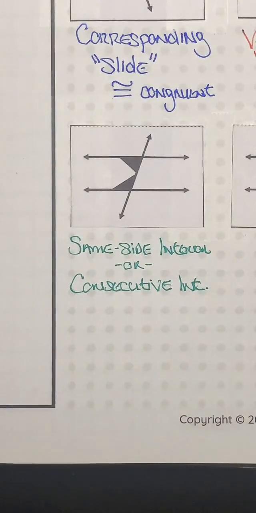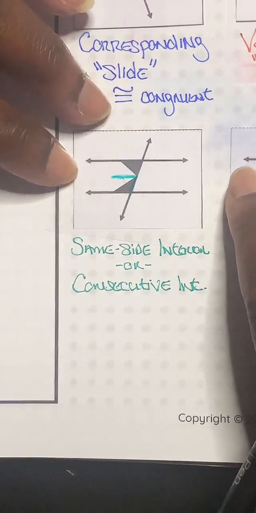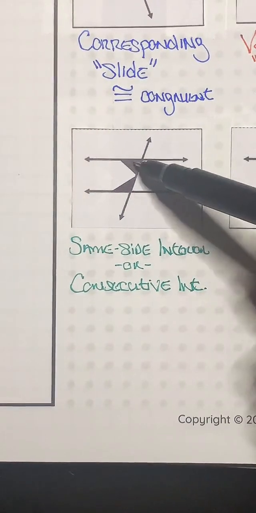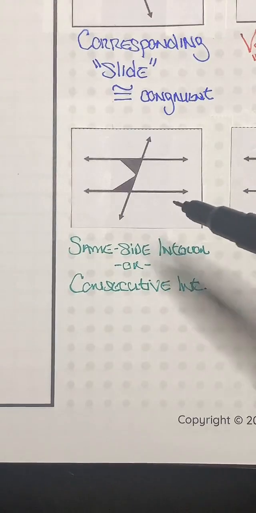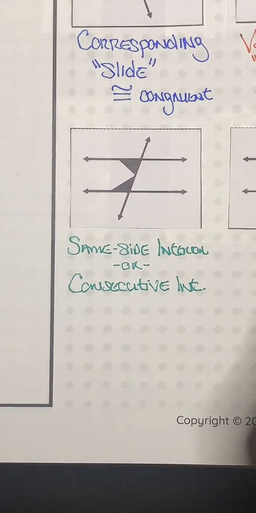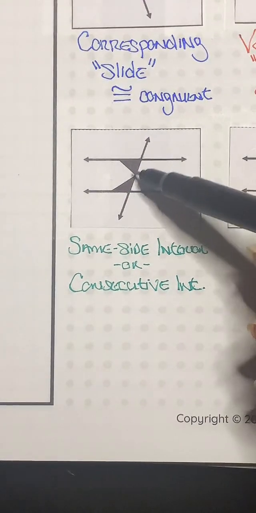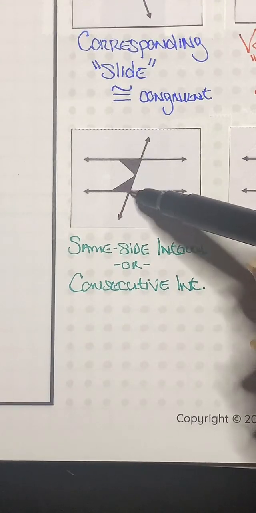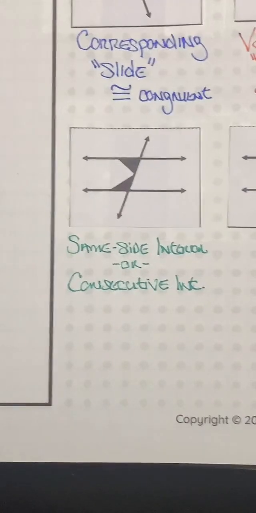So if I copy this angle and try to slide it down the transversal, they don't match up. But these two angles are forming a straight line. There you go, Sid. They are supplementary, because anything that forms a straight line is supplementary, which is also known as 180 degrees.